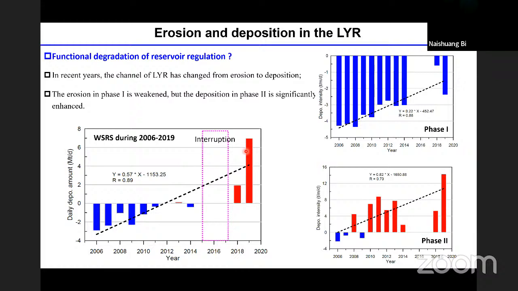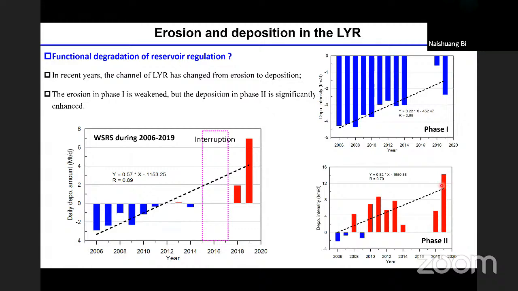And if we take a look at the erosion and the deposition in these two phases, the first phase and the second phase, you will find that the erosion in phase 1 is weakened, but the deposition in phase 2 is significantly enhanced.